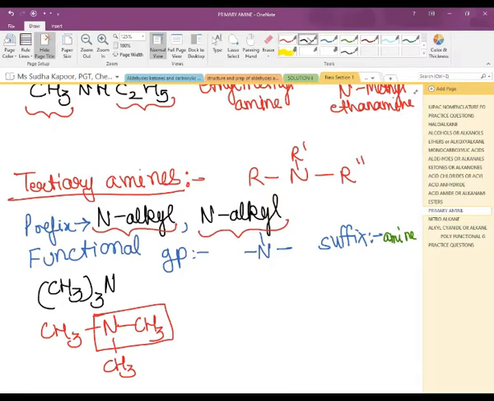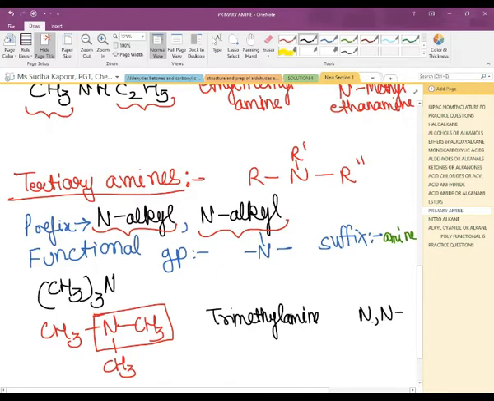In the common term, we can call it trimethyl amine. But in the IUPAC, we will call it NN dimethyl methane amine, because both the prefixes are the same. So this is about the primary, secondary and tertiary amines.